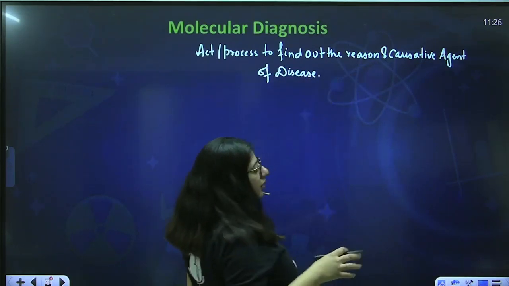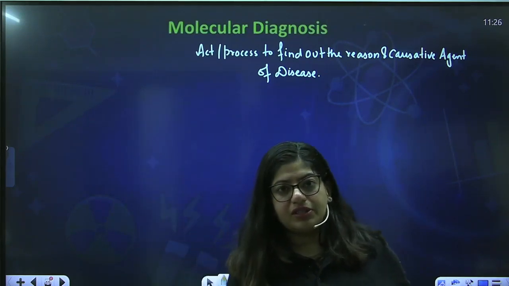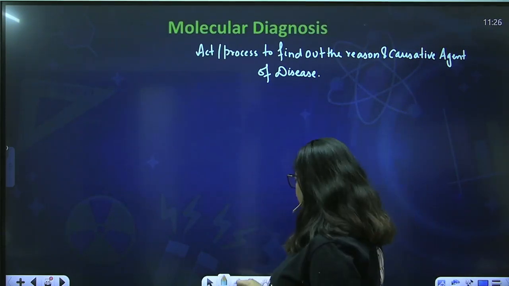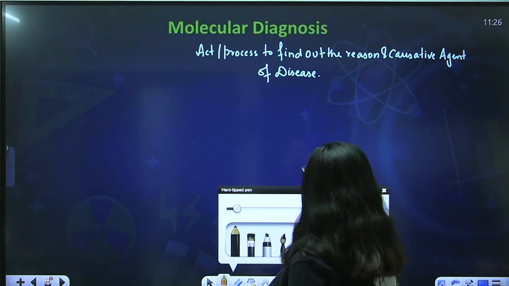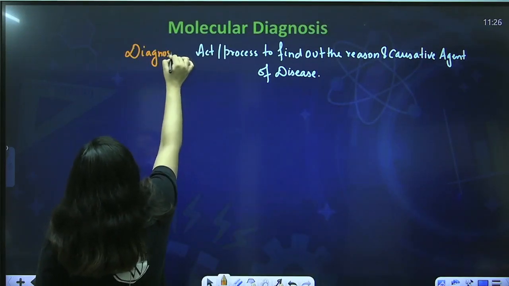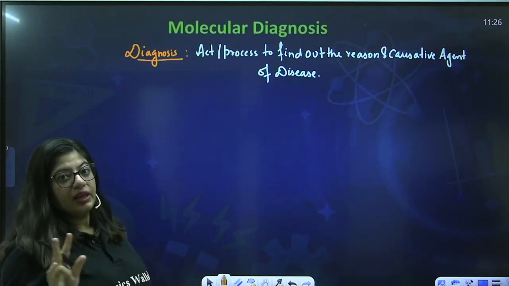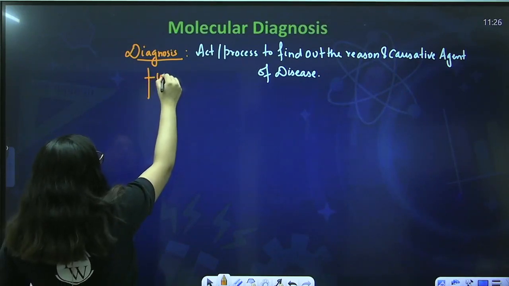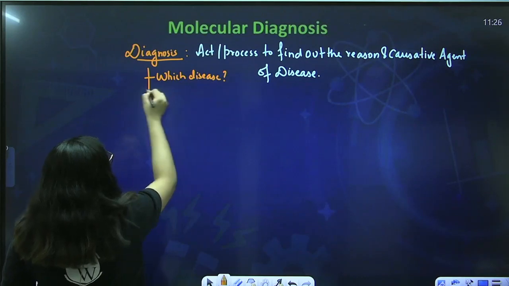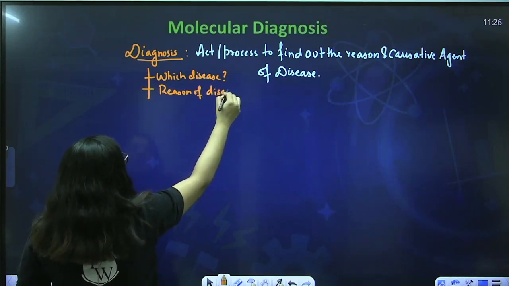Basically, we are just finding out everything about the disease: what disease you have, and what is the causative agent of the disease. That's what diagnosis is, not molecular diagnosis yet. So it's a process by which you find out, first of all, what the disease is, and the reason of the disease. Two things: in diagnosis, you find out which disease it is, and the reason of the disease, or the causative agent of the disease.